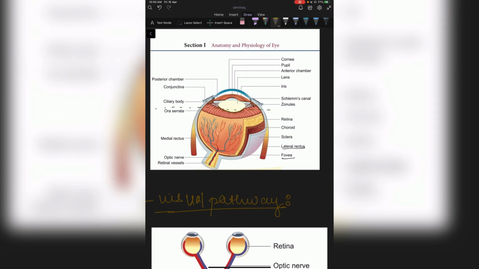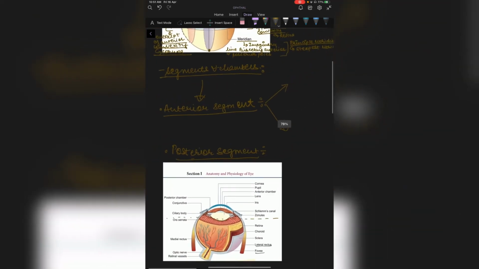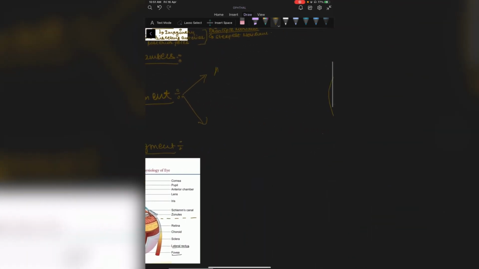The structures posterior to it, that is the retina and the vitreous chamber, are your posterior segment. The anterior segment is further divided, for the sake of understanding, into the anterior chamber and the posterior chamber.